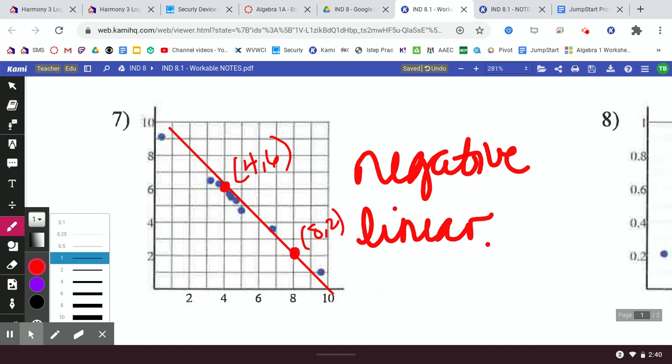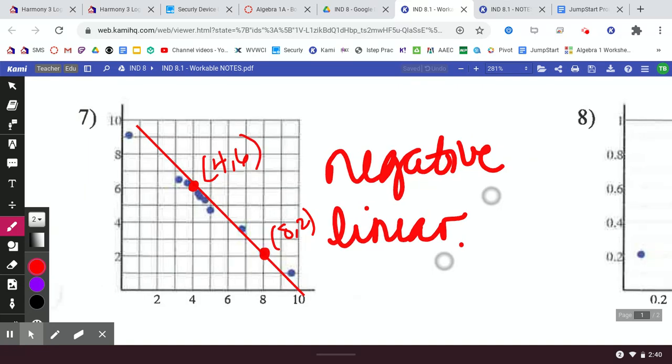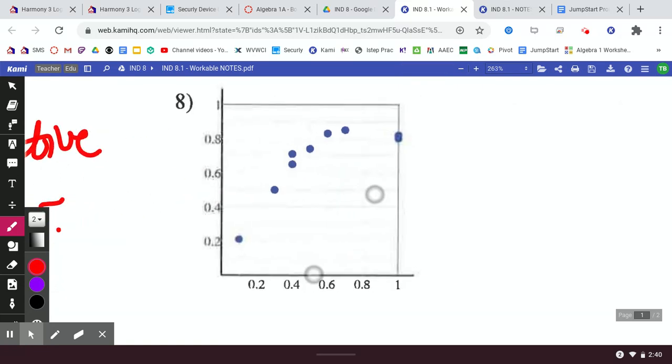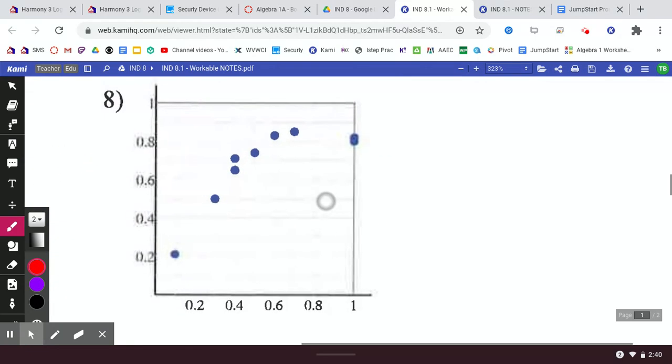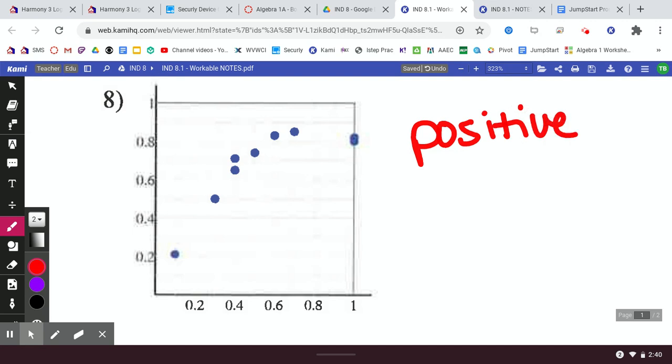All right, let's keep moving. Where'd I leave off? Logan, is this one correlation or no? Okay, definitely a pattern. Gwen, is it positive or negative? Positive. And Xander, is it linear or nonlinear? Nonlinear.